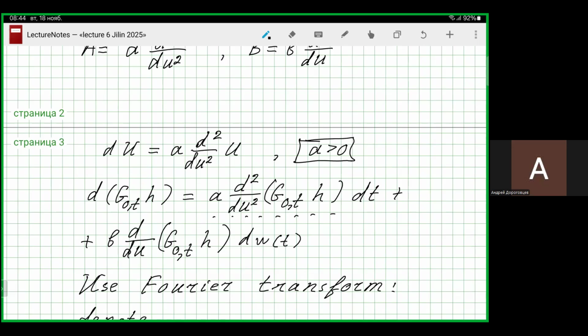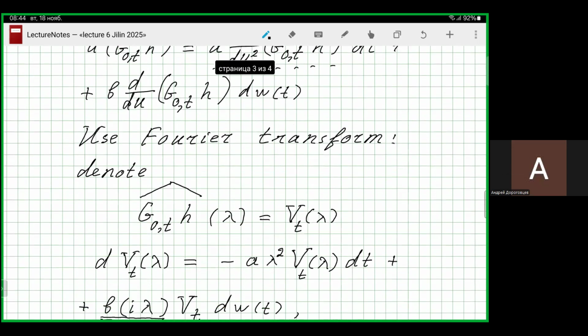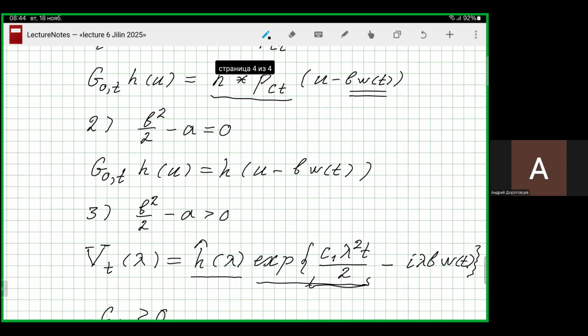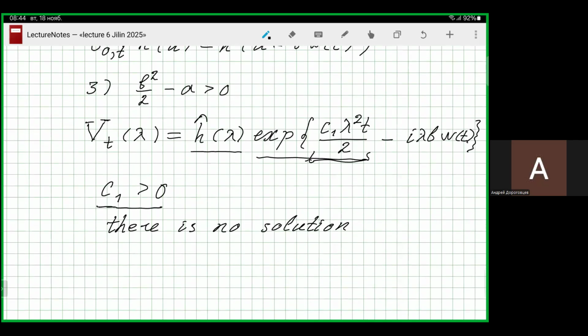One can check a very good book on this thing. Maybe one of the most known books is by Etienne Pardoux and Jerzy Zabczyk.